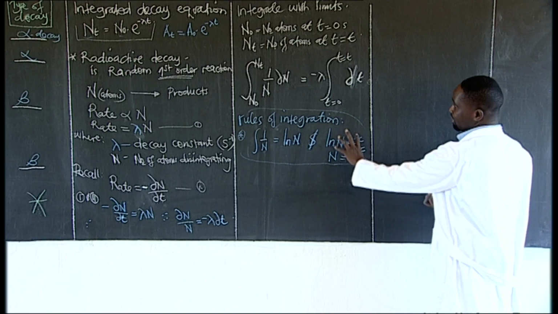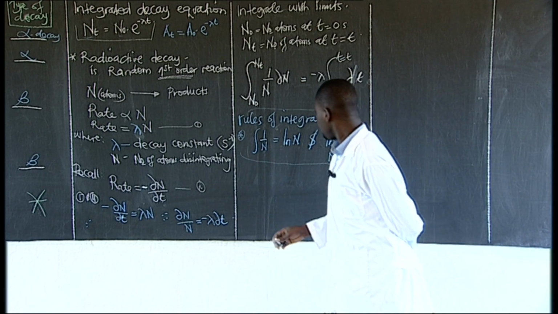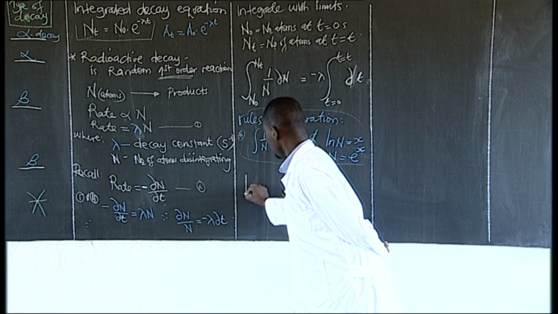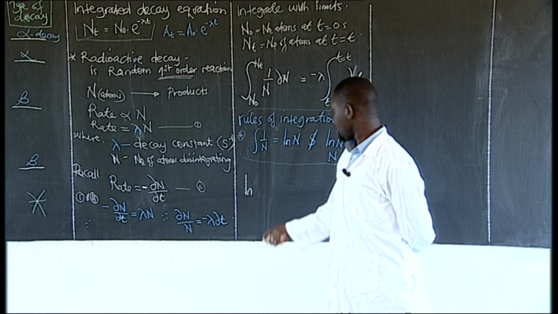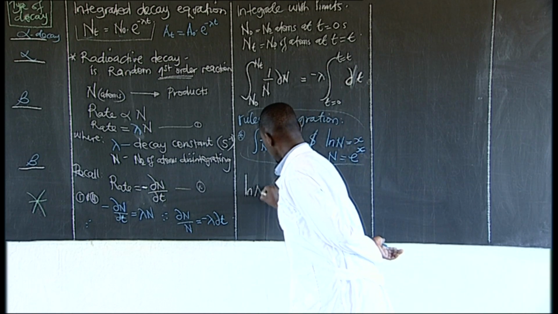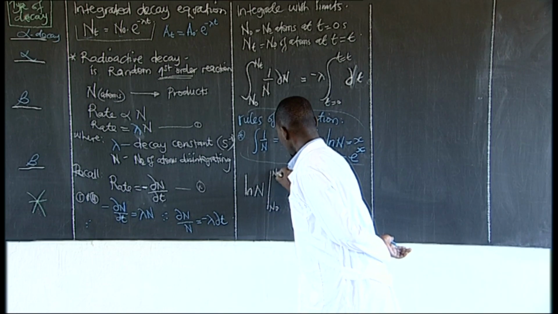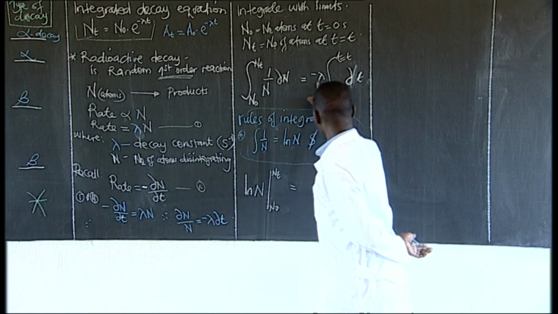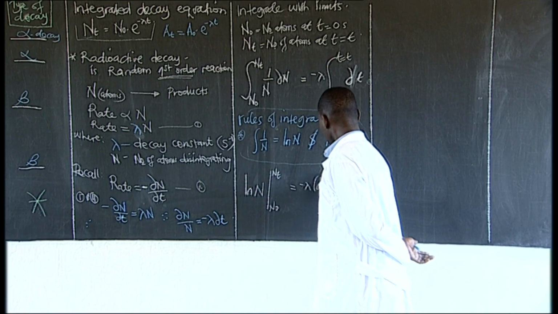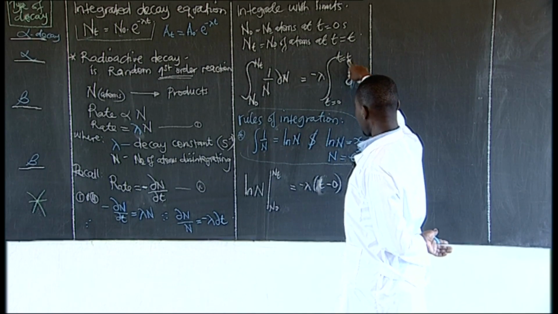Now, we have to bring these rules into our integral equation. So what does this imply? Remember I told you to come with calculators, now we shall be substituting ln. Ln N within the limits N naught to Nt is equal to minus lambda times t minus 0. The highest minus this.